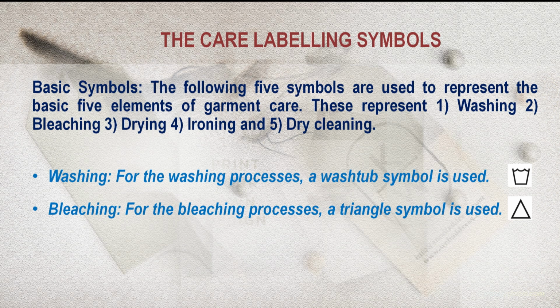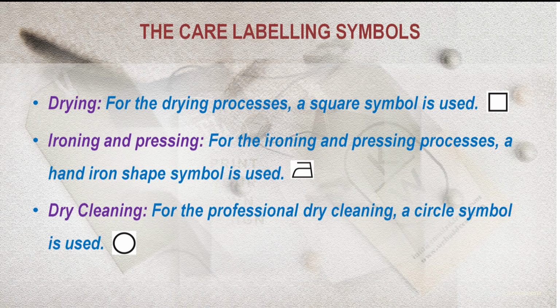It means we can use bleach on this particular garment. For drying, we see a square symbol, which is used for drying instructions. For ironing and pressing, a hand iron shaped symbol on the label. And for professional dry cleaning, a circle symbol is used.